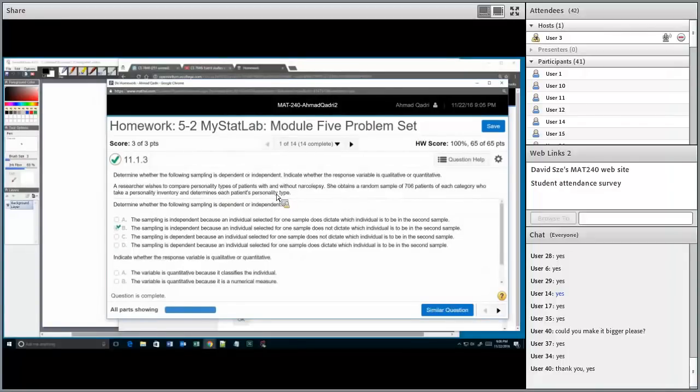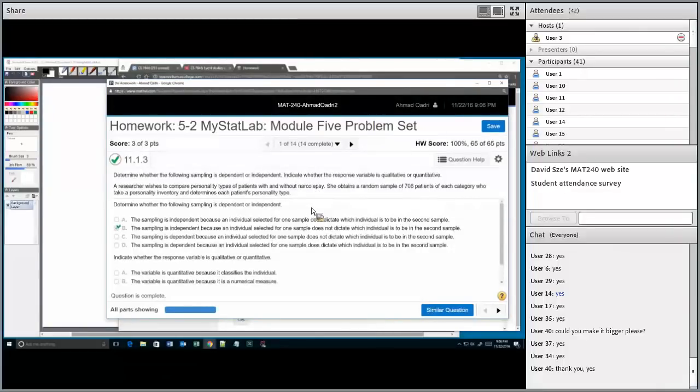So essentially, you're taking a sample of 706 patients and you're trying to assign personality types to each patient. And as you know, the personality type is a binary assignment, with or without, right? That's a yes or no kind of assignment.